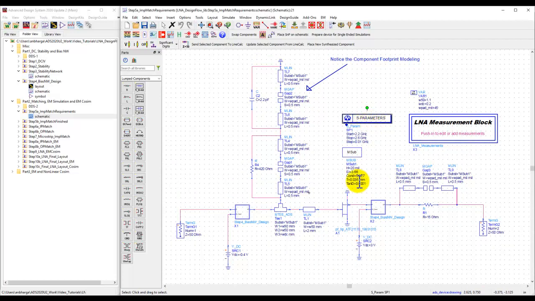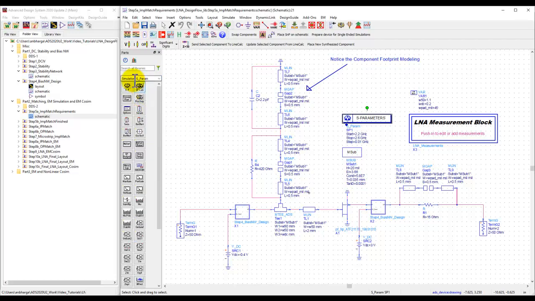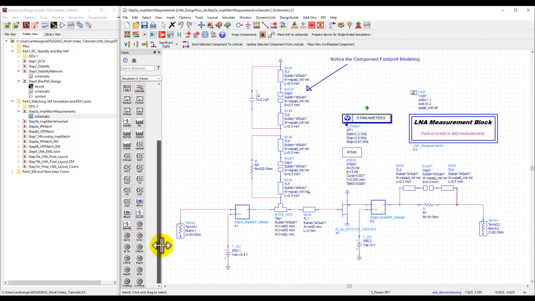And while performing the impedance matching, we may need to look at a variety of measurements. Those measurements, if you recall in one of the earlier videos on S parameter simulation, we talked about max gain, power gain, gain circles, noise circles, and all that. So you could place any of these measurements on a schematic.